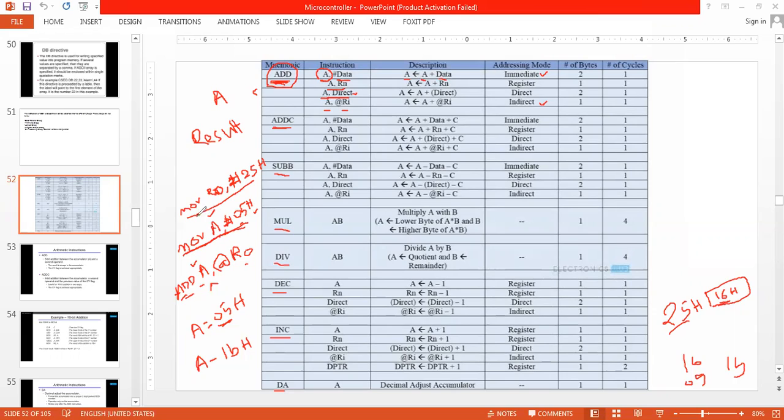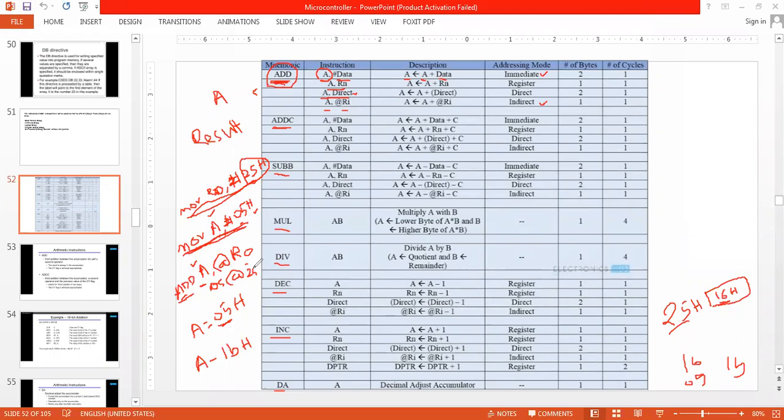See what will happen. MOV R0 comma hash 25H. What is the value in R0? 25H. Okay. MOV A comma 05H. What is the value of A? 05H. Now ADD A comma @R0: A is having 05, and what is in R0? 25.